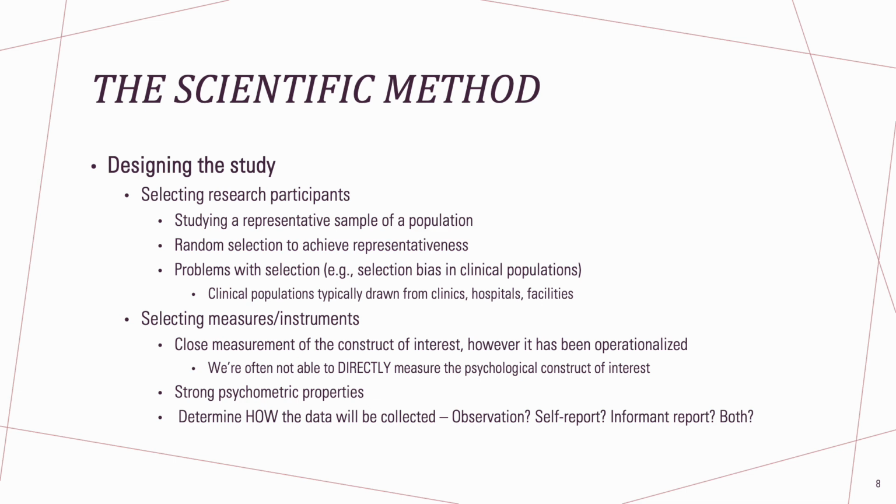So next, we're going to select our research participants. So who do we want to participate in this sample? And remember that these are participants that are thought to represent a sample of a population. So this is a little bit more complicated, and when you take statistics, you might learn this.